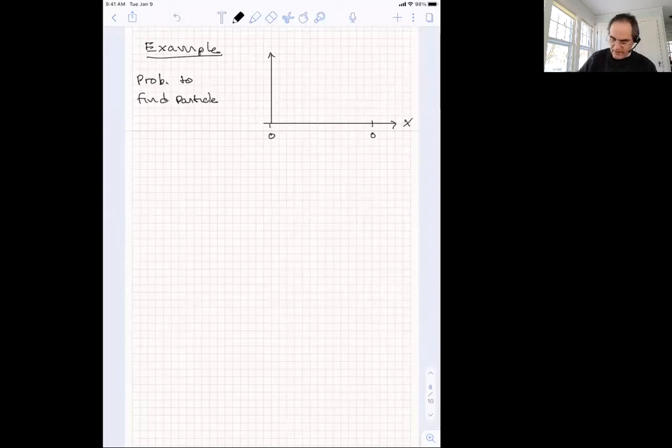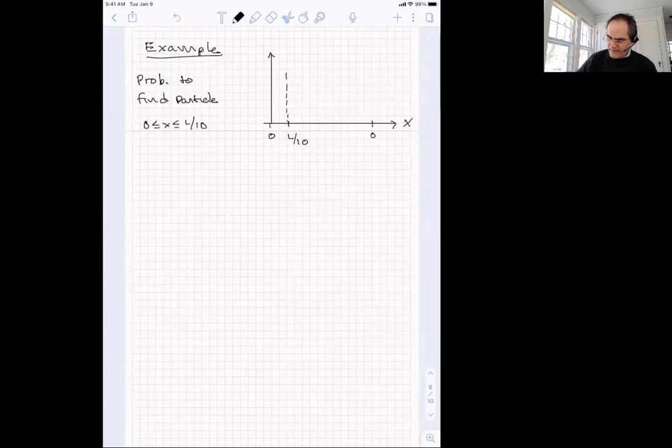in the range 0 to L over 10. Okay? And of course, it's straightforward to analyze this.